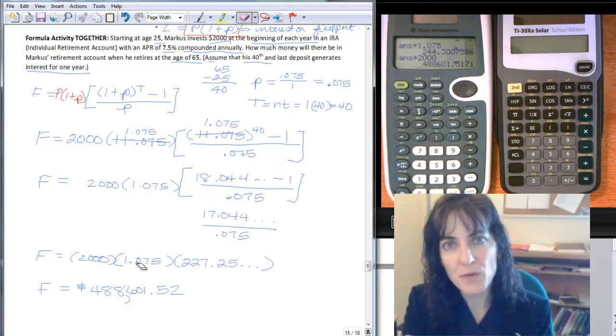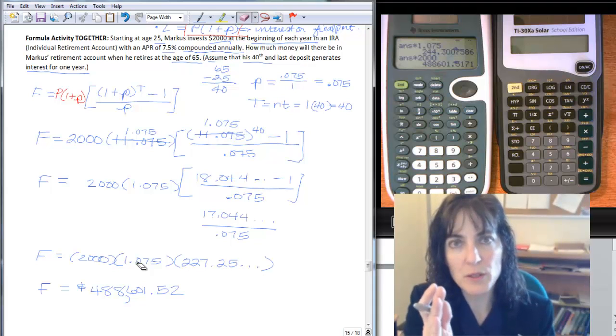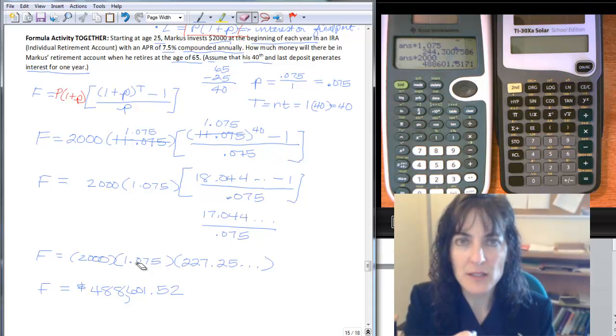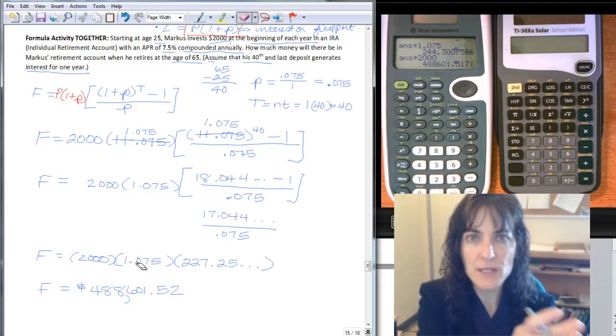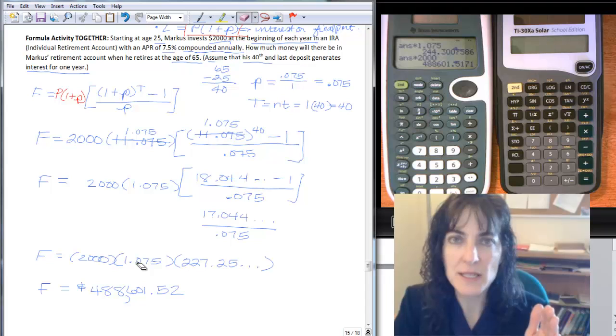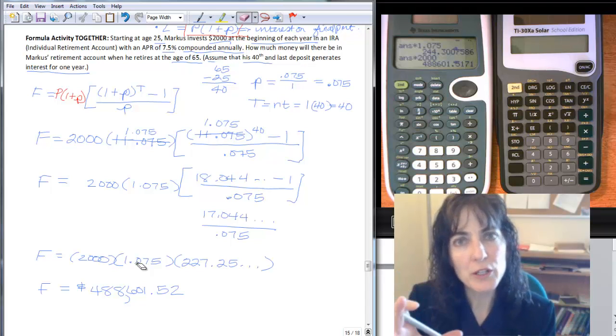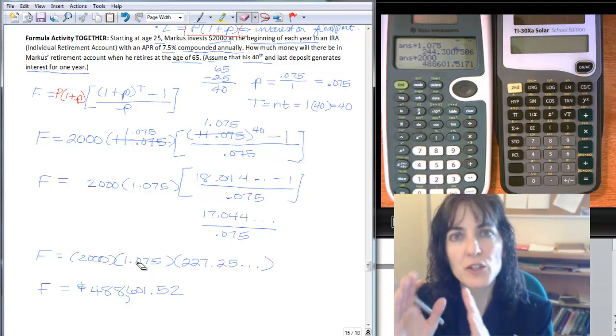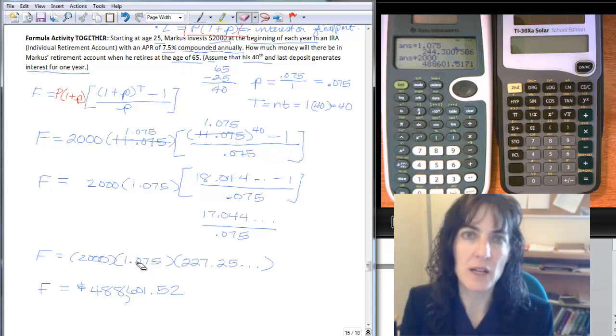The annuities formula starts with a small deposit, and you add the same size deposit every single month or every single year until the end of the time where you're investing, and then you have a big huge chunk out at the end. So there's no big chunk to start with annuities, it's just a regular payment or deposit that you have.